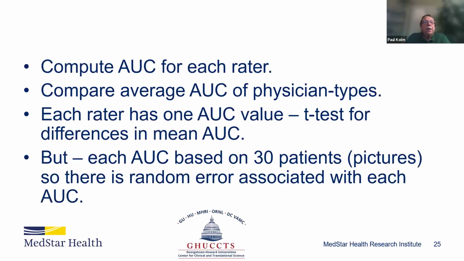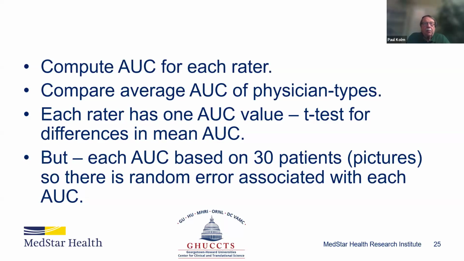So we're going to compute the area under the curve for each rater, and we're going to compare the average AUC of physician types. In this case, each rater has one AUC value, and so we can just do a simple t-test for differences in the mean AUC. But of course, what we then have to deal with is the fact that we have 30 patients and different experts, different numbers of PCPs and a different number of dermatologists.